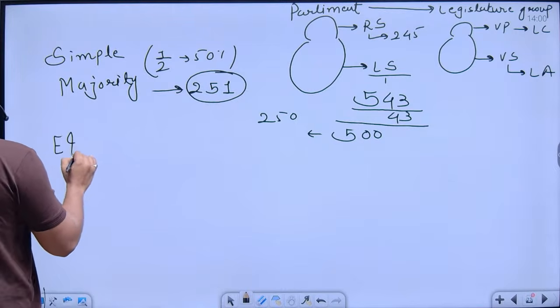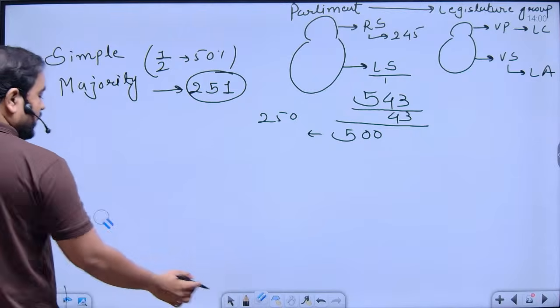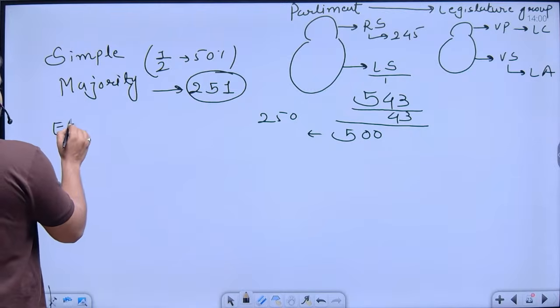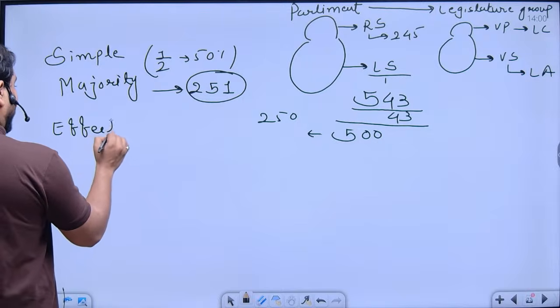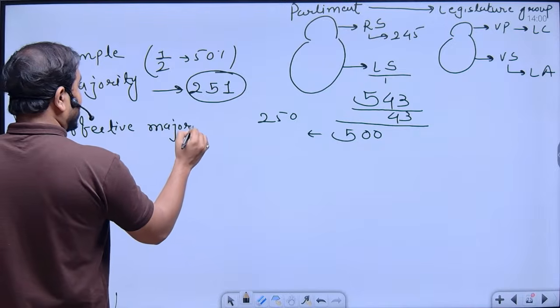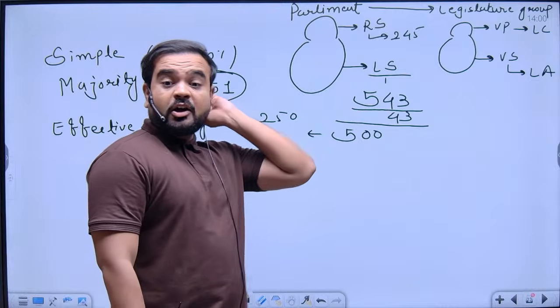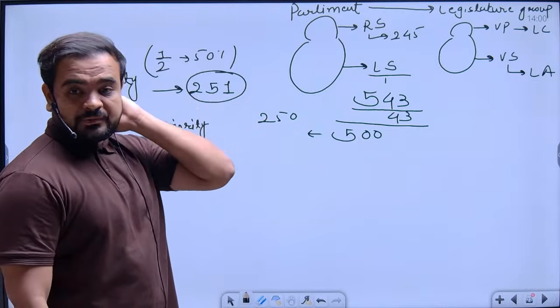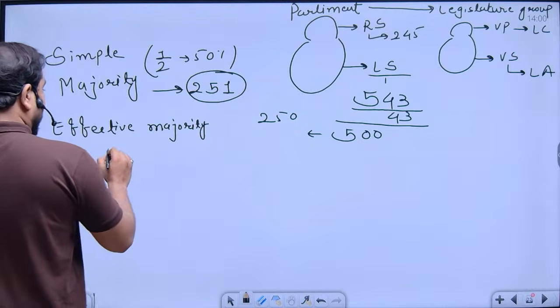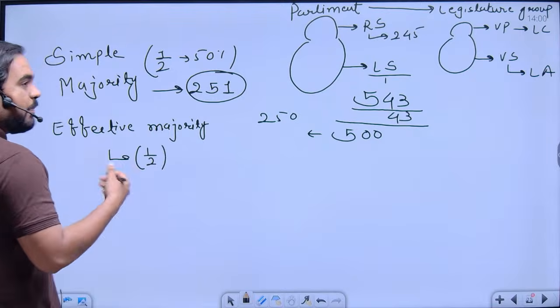There is one more majority, and that is known as effective majority. It is called a majority of all the then members of the house. In English, many scholars say all the then members of the house. And it is very simple. This is again 1/2, but 1/2 of what?